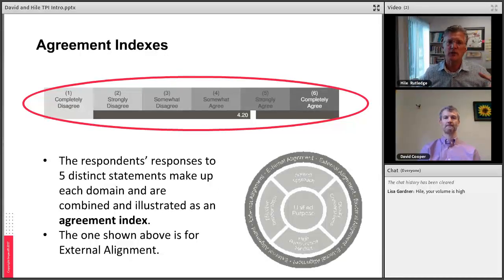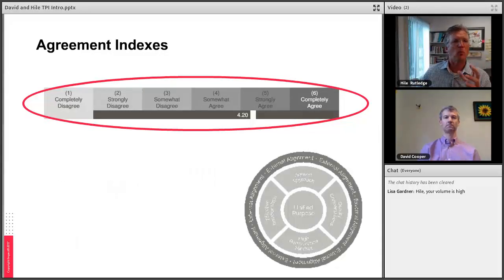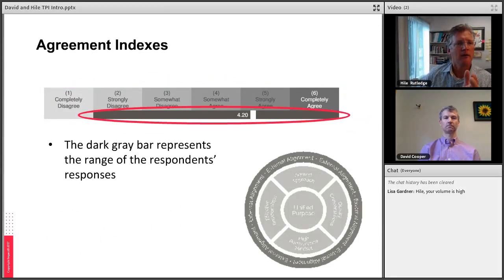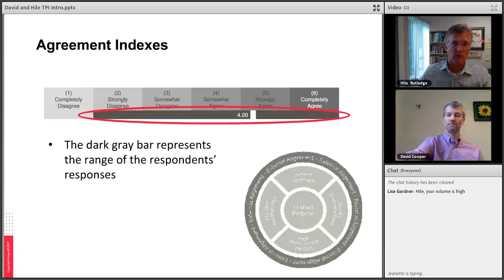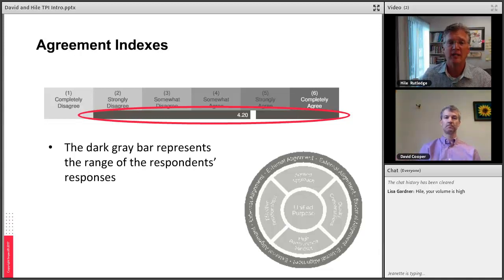So it starts with a global executive summary on all of the 6 domains that David just showed us. But what's really useful about this is, when you look at it, the dark gray bar represents the range of the respondents' responses. Here we see that some people said they completely disagreed with some external alignment items, and some people completely agreed with them, so it really did span the whole set of options.